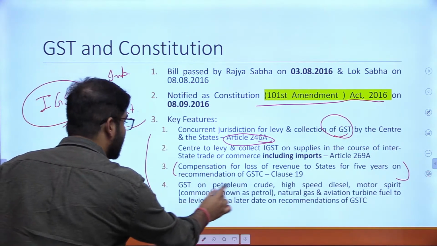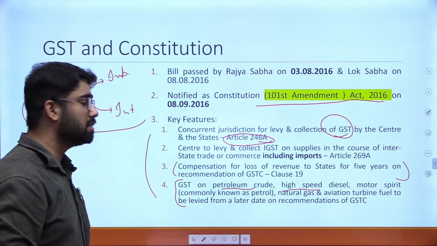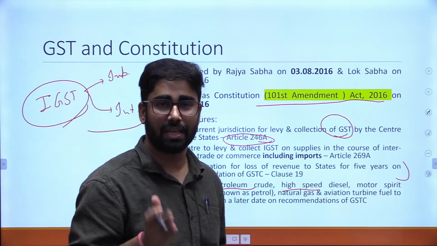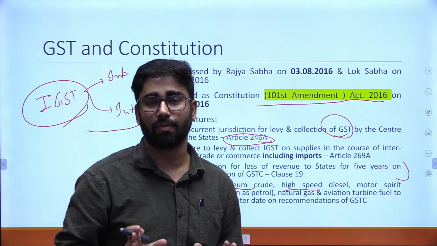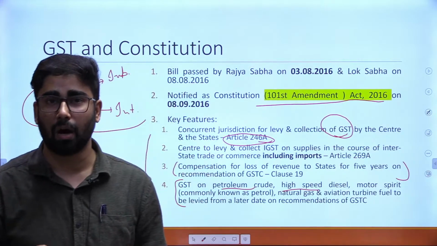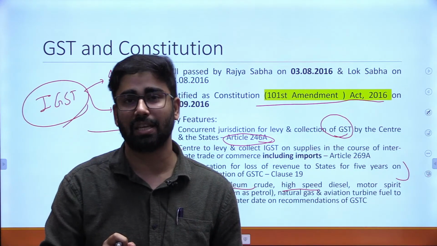And GST on petroleum, crude, high speed diesel. These are the commodities which are outside the ambit of GST for now, and the decision will be taken by the Goods and Services Tax Council, that is the GST Council, whether they can be brought under the ambit of GST or not.